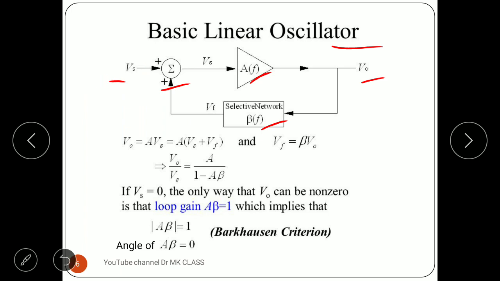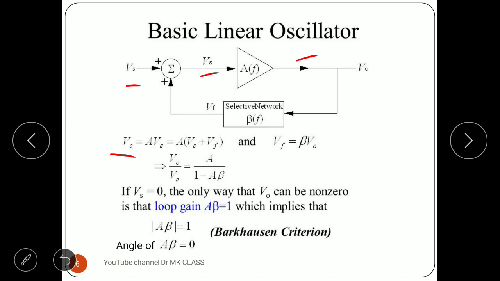Then if you write the equation around this loop, V0 is equal to A into Va, where Vs is the input source and Va is the amplifier input.